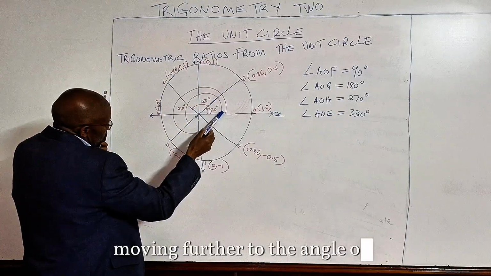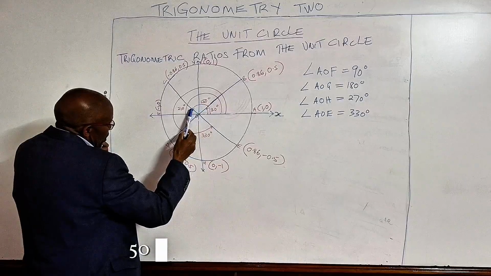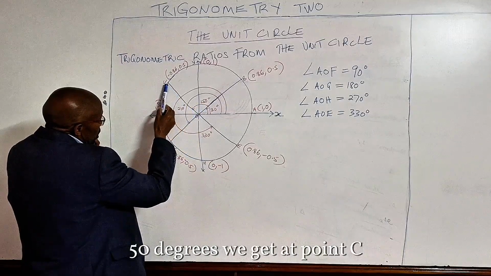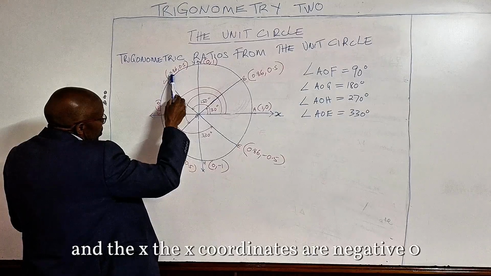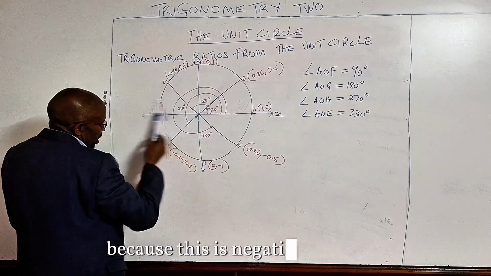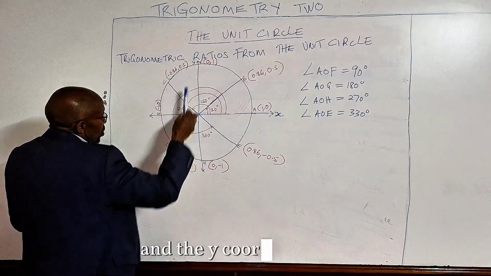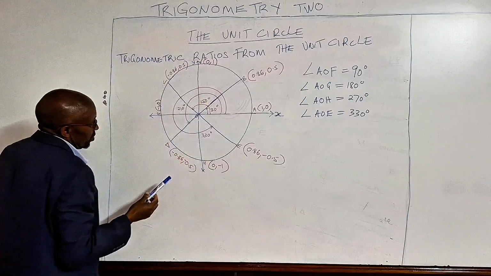Moving further to the angle of 150 degrees, you get at point C, and the x-coordinate is negative 0.86 because this is negative direction, and the y-coordinate is 0.5.